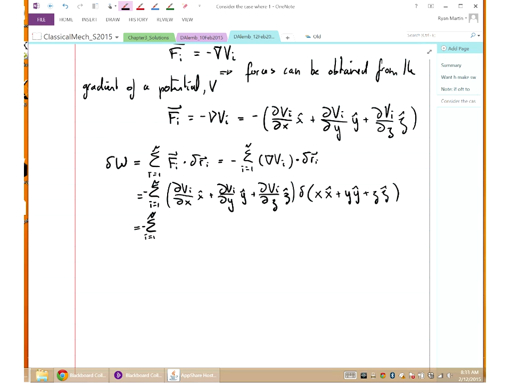So that's minus the sum from i equals 1 to N of dVi by dx delta x plus dVi by dy delta y plus dVi by dz delta z.